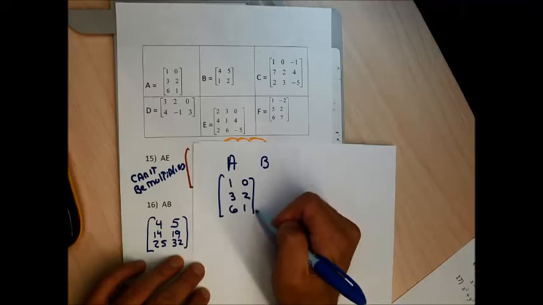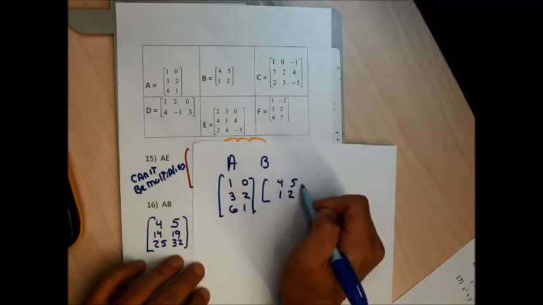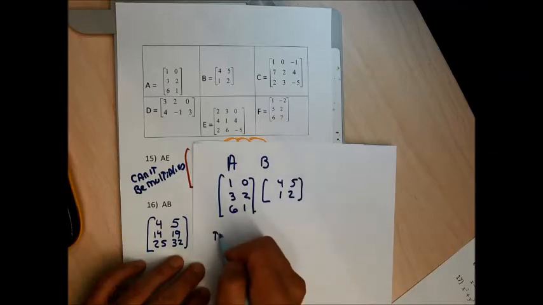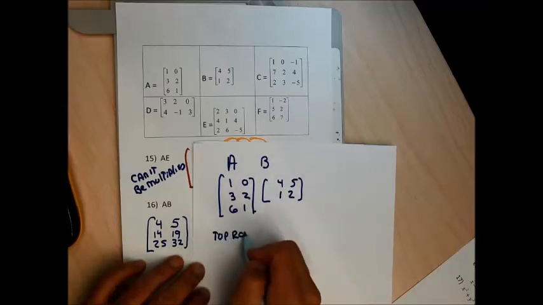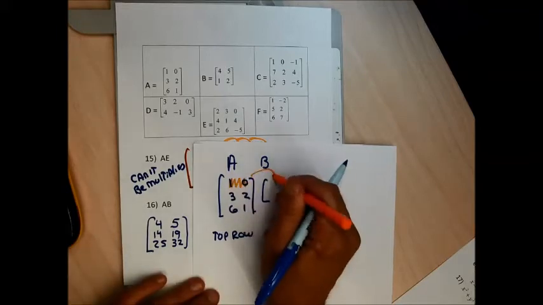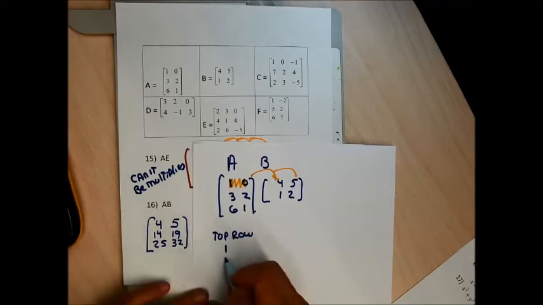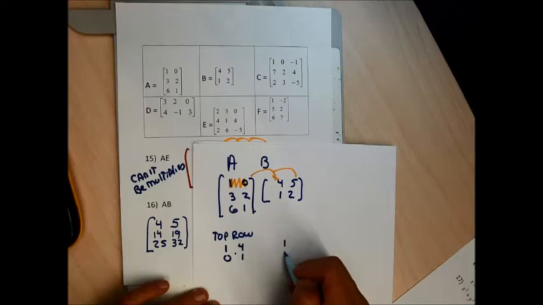And the B matrix is 4, 5, 1, 2. First, I'm going to get my top row by using the top row of A and writing it as a column, writing it next to the 4, 1 and the 5, 2. So I'm going to go 1, 0 written as a column next to 4, 1, and 1, 0 written as a column next to 5, 2.